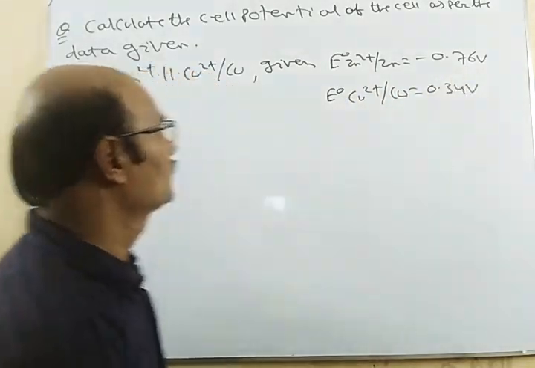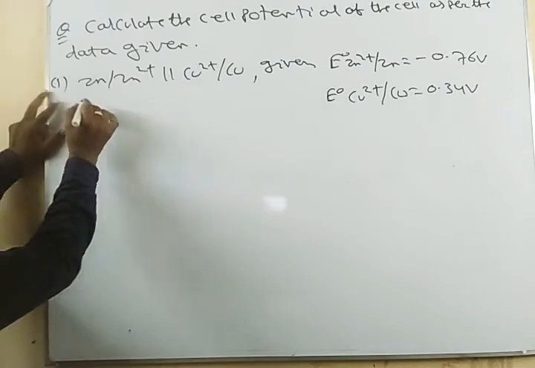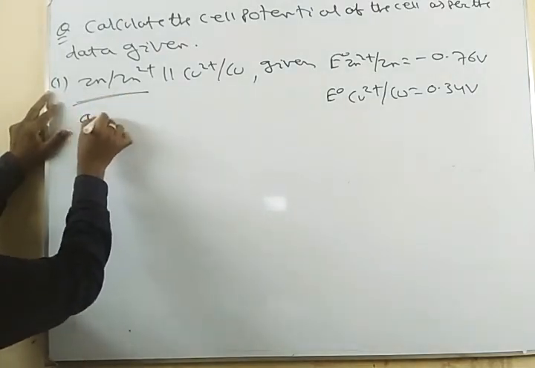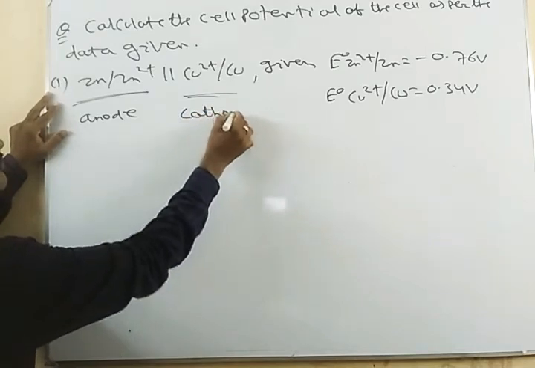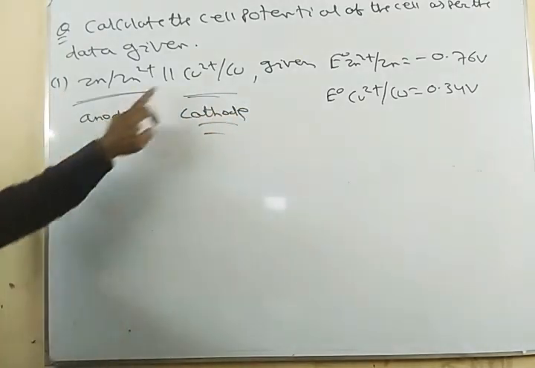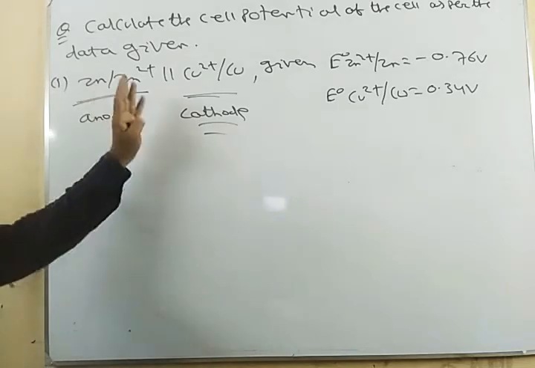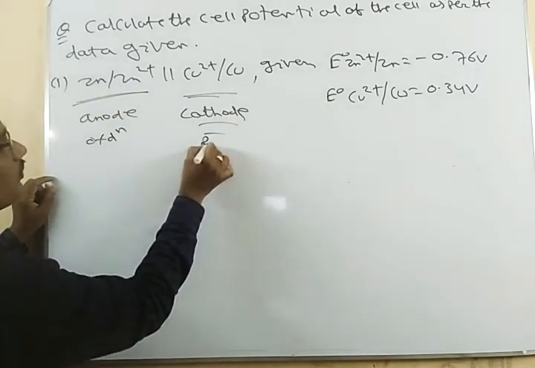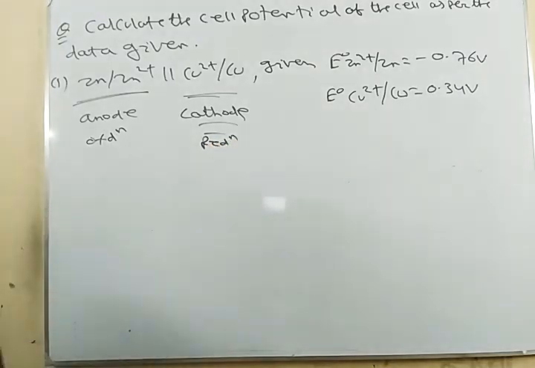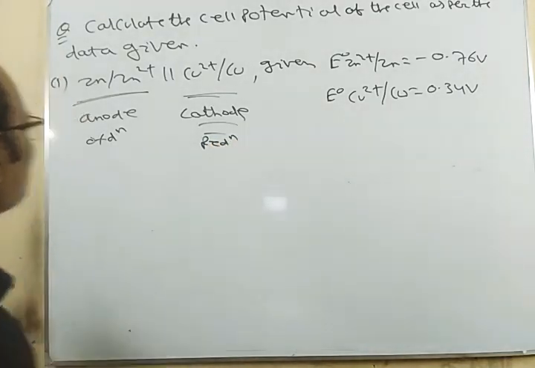Now see, on the left is the anode, where oxidation occurs, and on the right is the cathode, where reduction occurs.